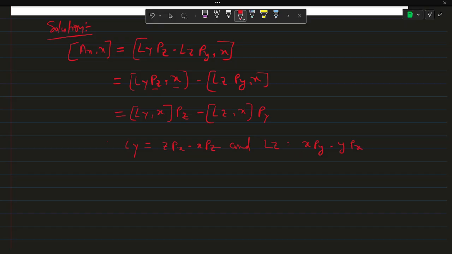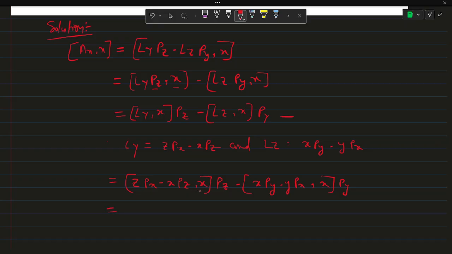So now putting the values of Ly and Lz in the previous term, here we will get z Px minus x Pz, commutation with x, times Pz, minus x Py minus y Px, commutation with x, times Py.